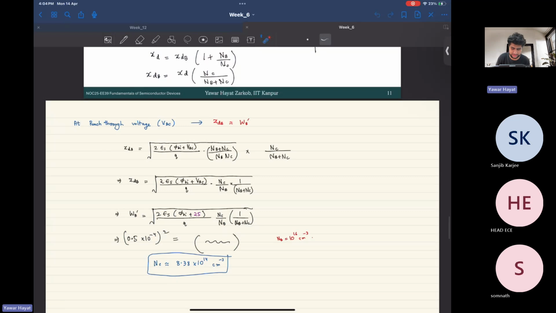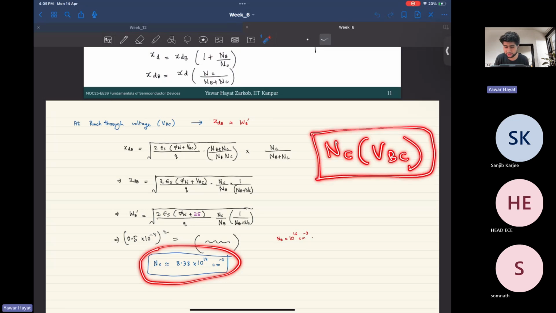Because see, the point was, when I used XDB as the metallurgical base width, I got a particular NC. This NC is not random, but a function of this VBC. Are you getting the point?